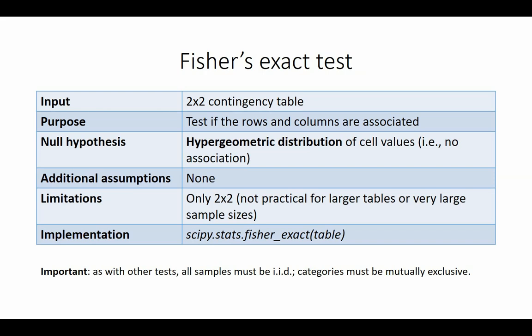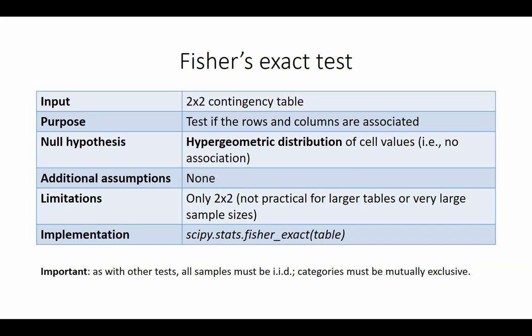When we have that case, we can use a simple test called Fisher's exact test, which you already saw and worked with in one of the previous exercises. The input to Fisher's exact test would typically be just a 2-by-2 contingency table, like you saw before. The purpose of the test is to test whether the rows and columns of the table are associated with each other. The null hypothesis is what is called a hypergeometric distribution, meaning there is no association.